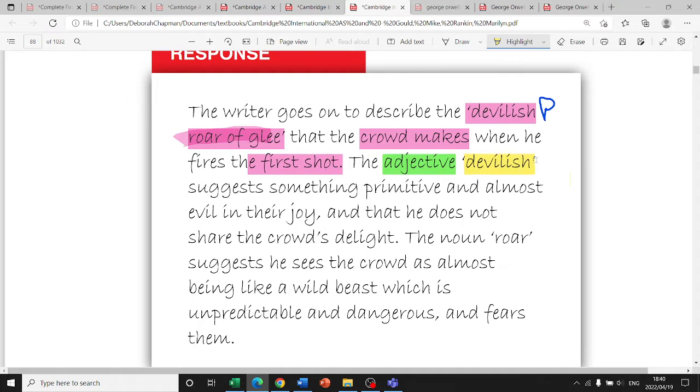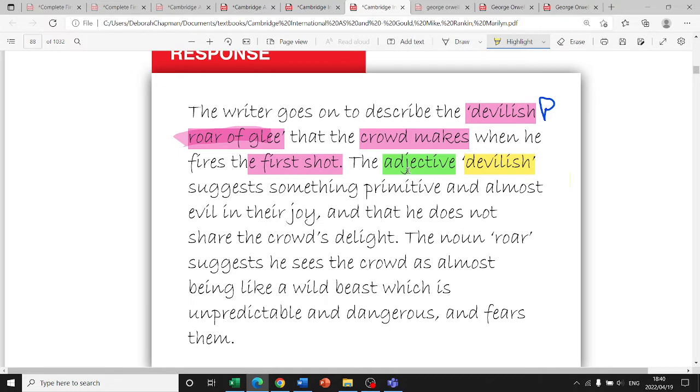the adjective devilish. So here's my quote. I'm taking it from the original quote, but now I'm explaining why the writer has described the sound that the crowd makes when the first shot is fired as a devilish roar of glee. I explain it because remember we focus on the effects.